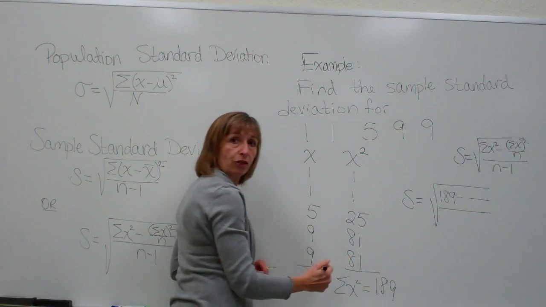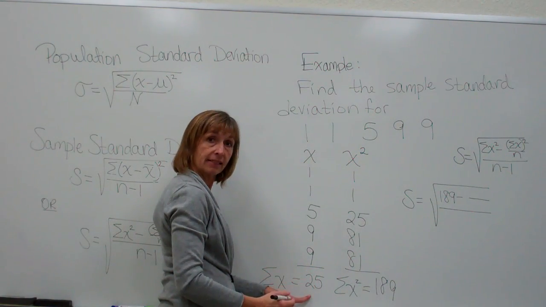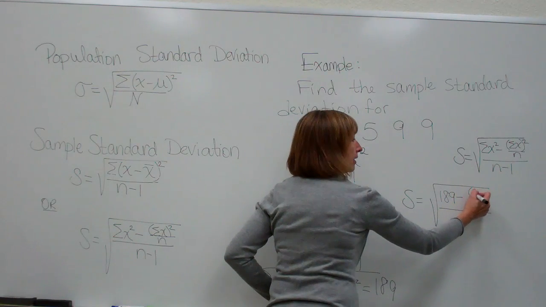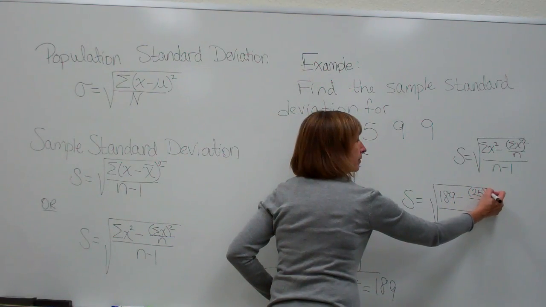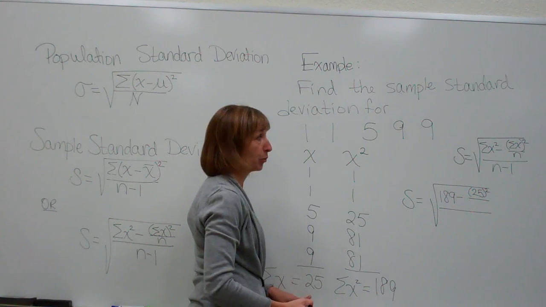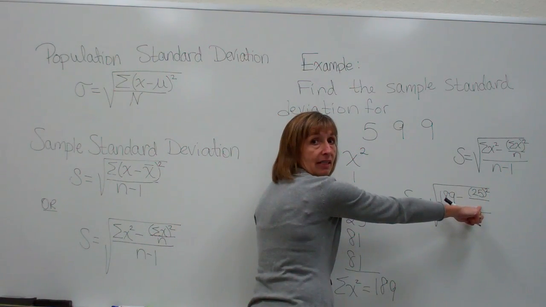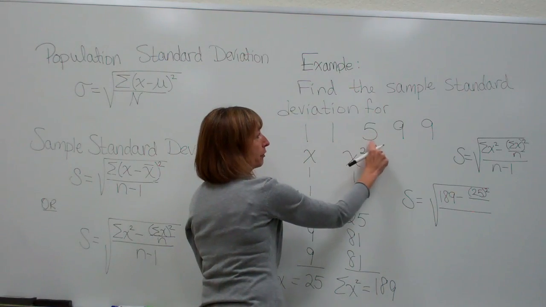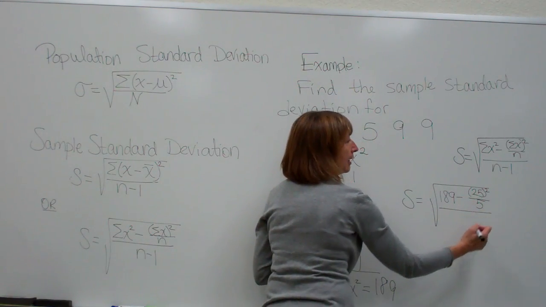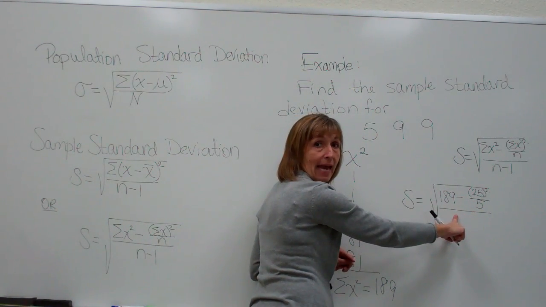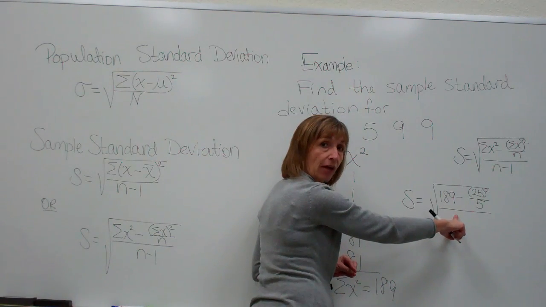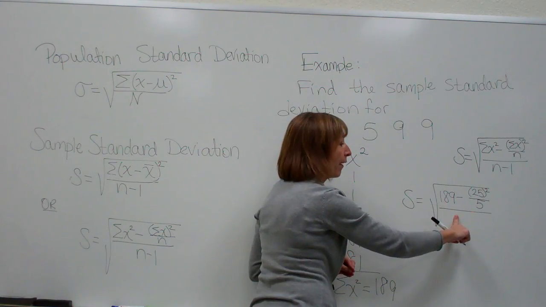In the numerator is the sum of the x's, 25, and I'm going to square that number. In the denominator is n, the number of data values you have: 1, 2, 3, 4, 5. And then in the overall denominator, it's the number of data values in your sample minus 1. So 5 minus 1 is 4.